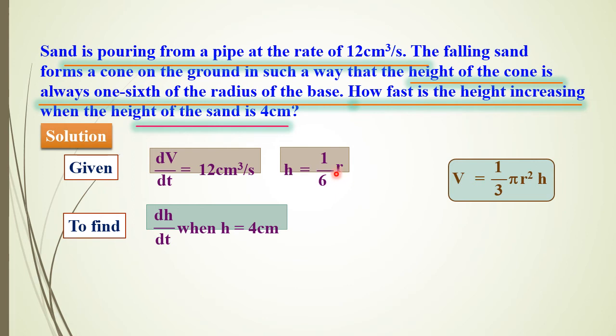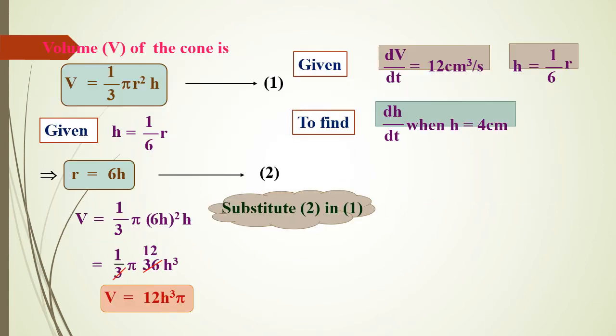Now consider the volume of the cone formula V equal to 1 by 3 pi r square h. Next, r is equal to 6 into h, by cross multiplying. You substitute this in the volume formula. So V equal to 1 by 3 pi r square into h, and with r as 6h, we get 6h whole squared and h as it is.